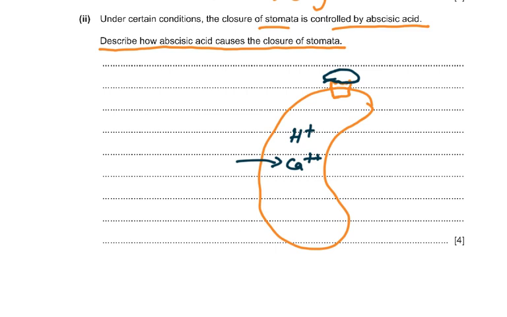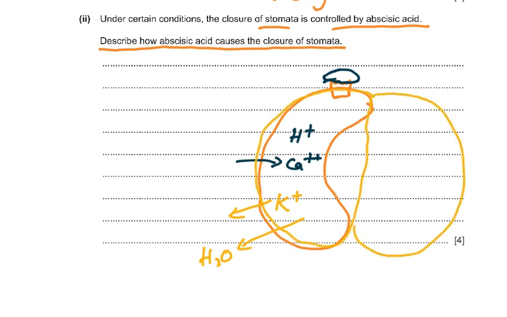So what is going to happen? Potassium ions will leave the cell. Water follows. Water leaves the cell by osmosis down the water potential gradient. And so this becomes less turgid. So then what is going to happen? This is going to close. The other one is also going to close.